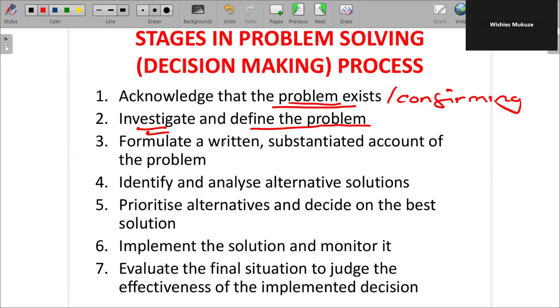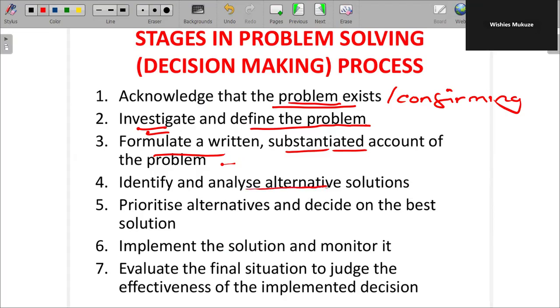Once you have done that, what are you going to do? You are going to formulate a written and substantiated account of the problem. Here, you are now putting the problem into writing, meaning you are agreeing that there's a problem. Step number 4, you identify and analyze alternatives.